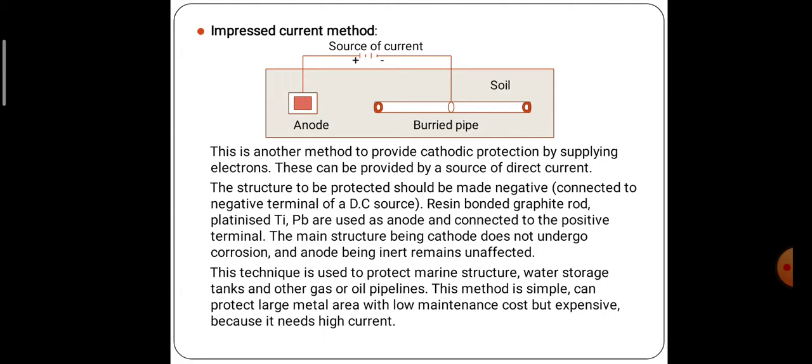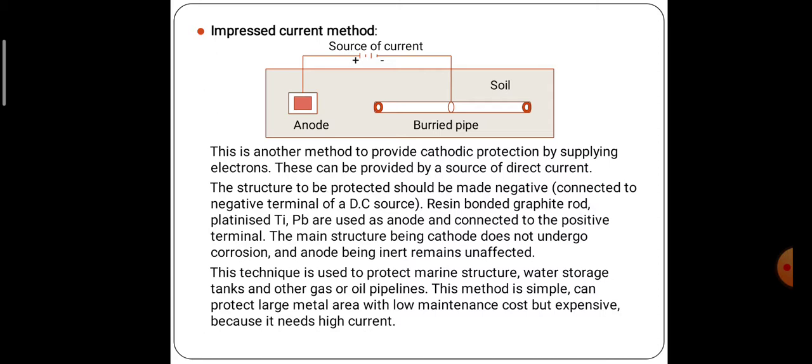By using the external source of that material, we make the electrons flow from the anodic region to the cathodic region, in order to change the anodic reaction into the cathodic reaction by using a suitable anode material. Once we insert the anode material, the buried pipe acts as a cathode, then the anode material undergoes corrosion, and it protects the buried pipe.